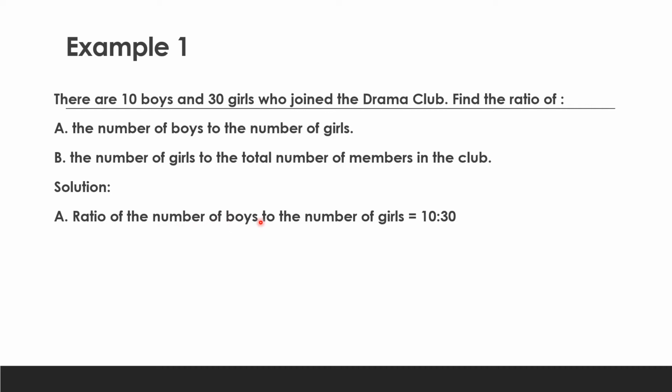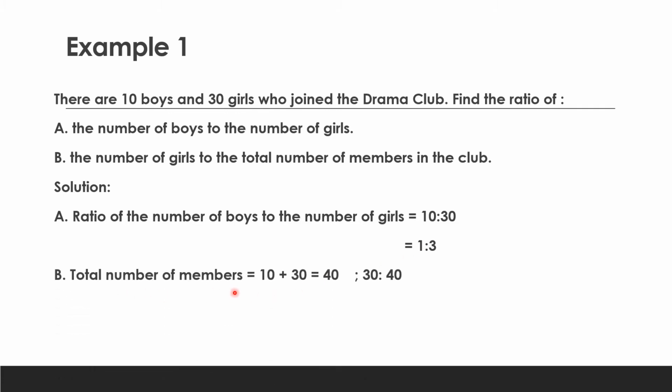The ratio of the number of boys to the number of girls is 10 is to 30. Because there are 10 boys and 30 girls. Now, if you are going to reduce that to the lowest term, divide both by 10, so the answer is 1 is to 3.